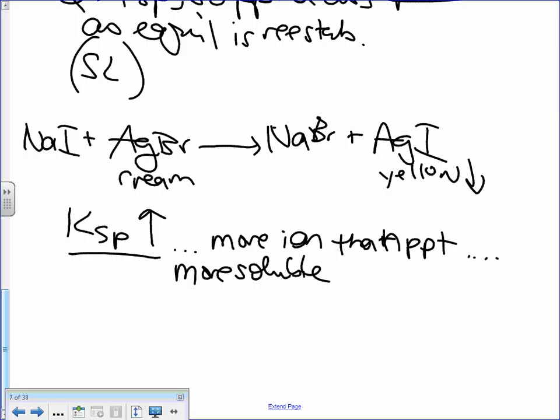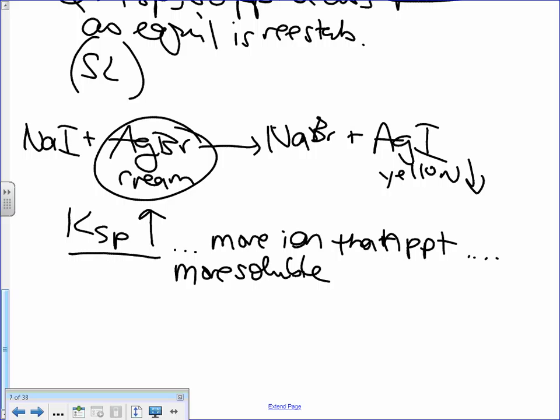Precipitating. So tell me who's going to have a greater KSP. Silver bromide, because it actually is not precipitating in the end. If it has a greater KSP, it's the one that's more soluble, and the one that's more soluble is the one that's not precipitating.